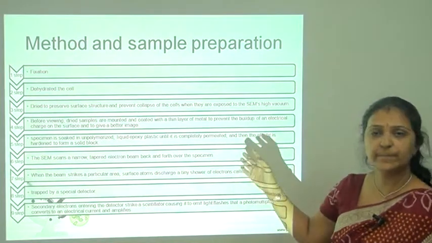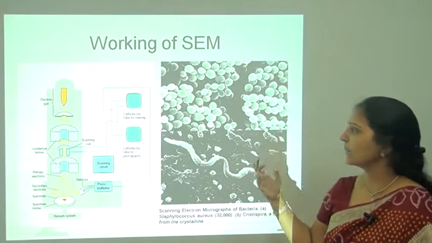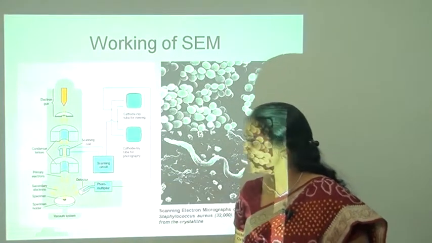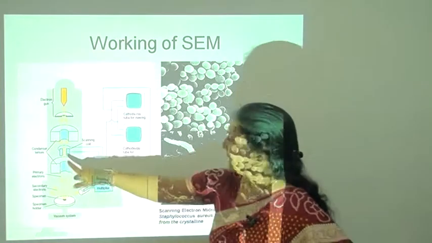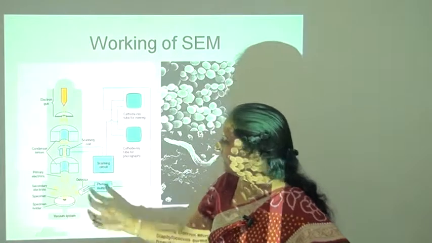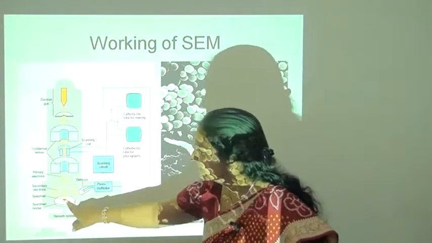The sample preparation is similar to that for transmission electron microscopy. This is the basic structure of the scanning electron microscope. Here is the condenser lens and the scanning coil. These are the primary electrons, and these are the secondary electrons emitted by the specimen.